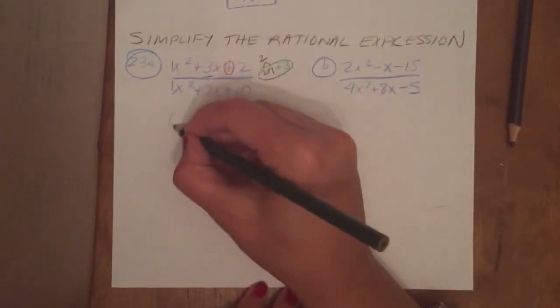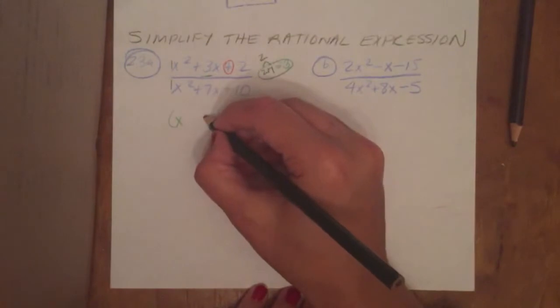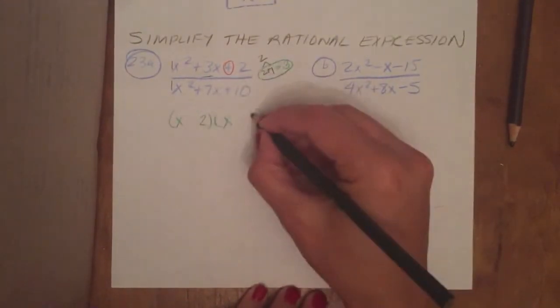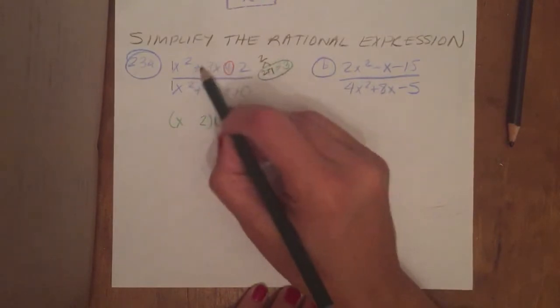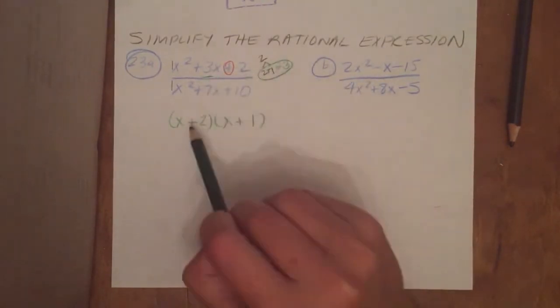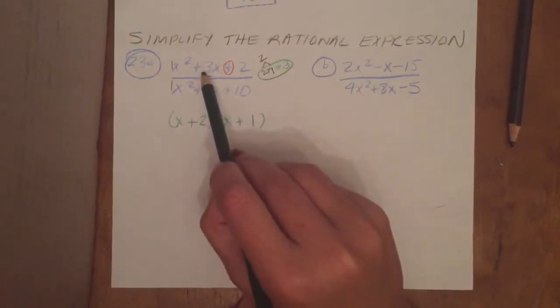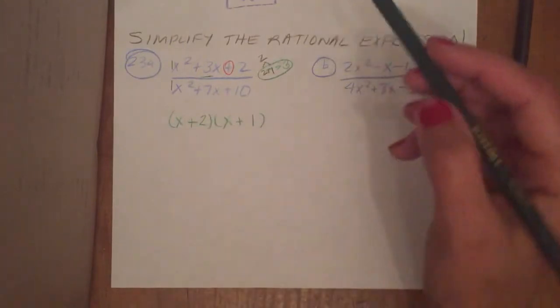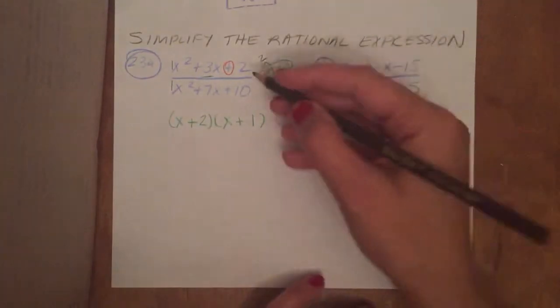So I'm going to rewrite the top as x plus 2 and x plus 1. And since both terms are positive, it's just going to be plus and plus. That's the only way I'll get a positive 2, positive times positive, and then still get a 3x. Positive 2x, positive 1x. So let's look at the denominator now.